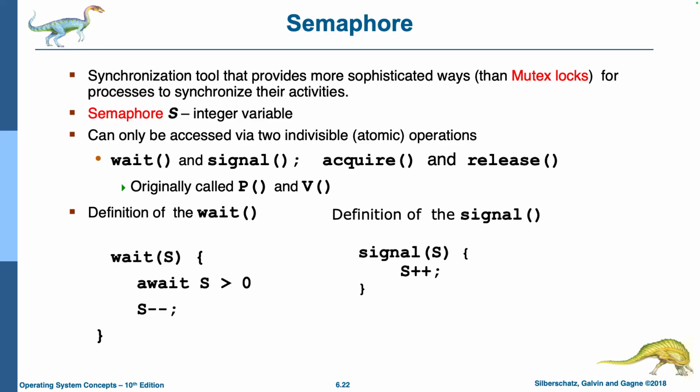If S is greater than 0, that means we have a resource, so we decrease it by 1 and allocate the resource to this thread. This await means if equal to 0, go to sleep. Signal is when the work is finished, the resource is recycled and increased by 1. Okay, this must be atomic.